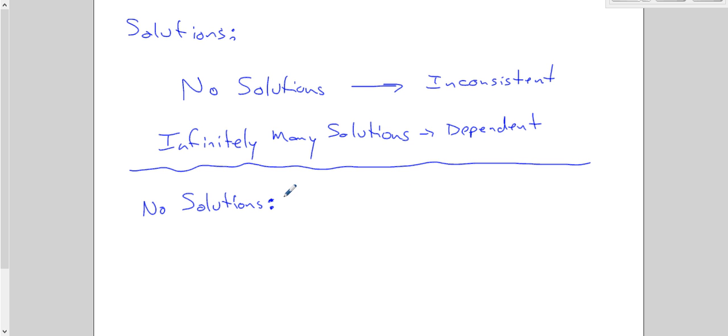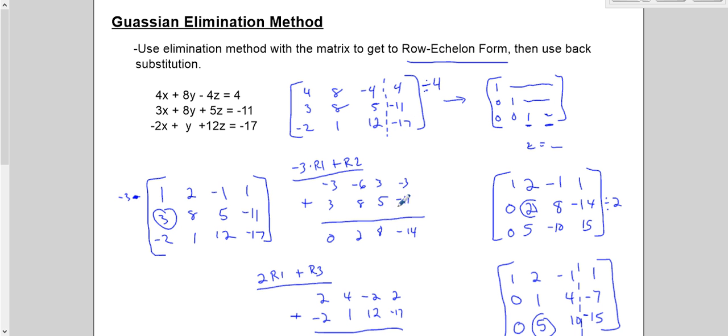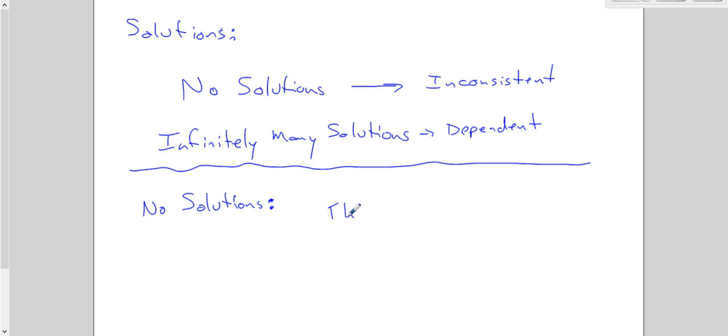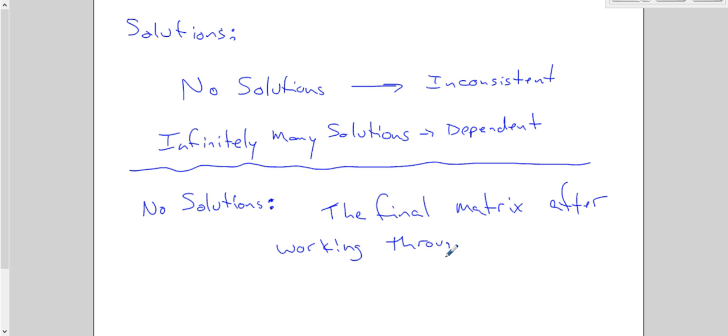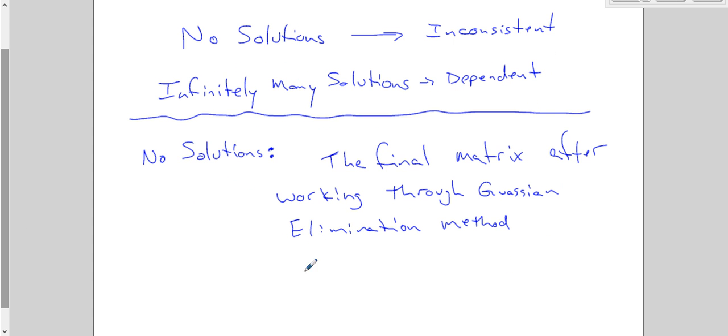If you work through all of this work that we did right here, just for this example, the final matrix after working through the Gaussian elimination method is going to look like this.